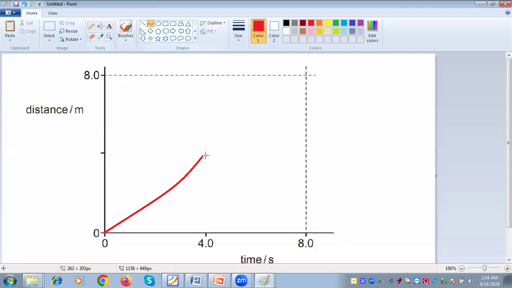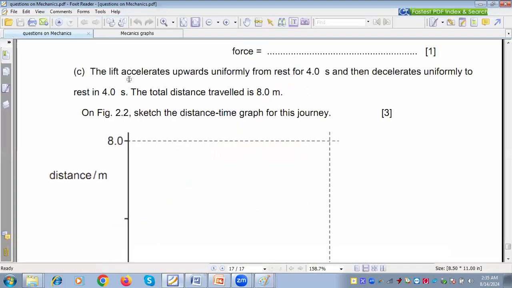So we will continue from here. That was increasing gradient to show the uniform acceleration, and then decreasing gradient. So this will be the shape of the graph for the lift. Okay, during the acceleration, increasing gradient, and then deceleration, decreasing gradient. So I will show you the marking scheme of this.